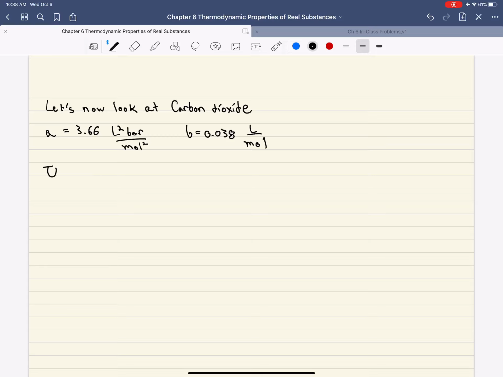If we go to the U2 minus U1 calculation, the form of the equation would be the same, right? Nothing would change about our derivation. Oh, whoops, this is regular volume. Right, but the only difference here is now our A parameter is different.